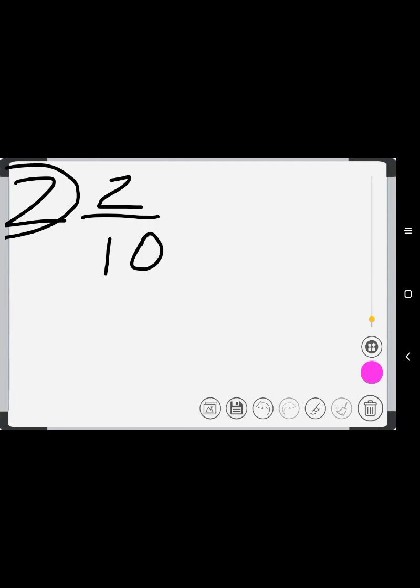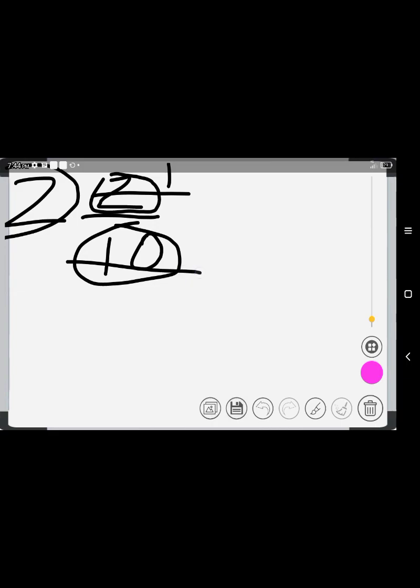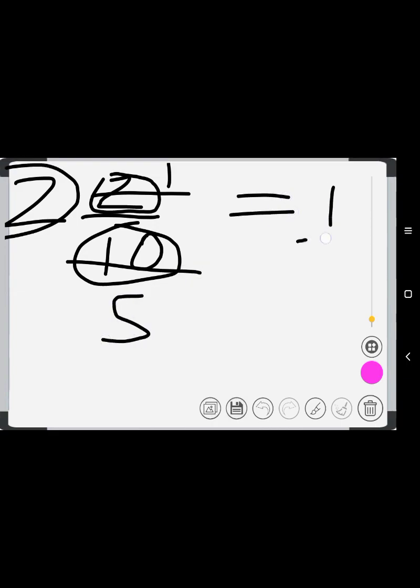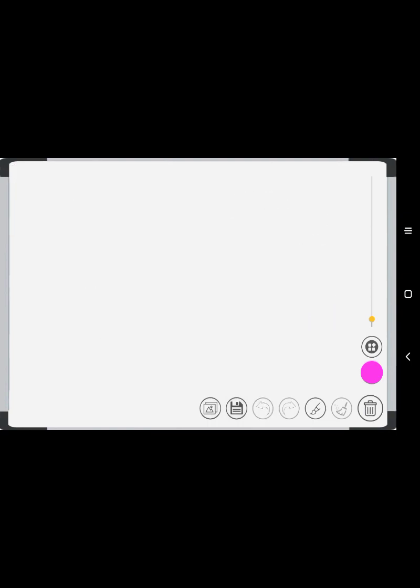First we're going to see how many times 2, that's the numerator, can go into 10. So 2 times what gives you 10? As I know in my head, 2 times 5 gives 10, so 2 can go into itself. 2 into 2 goes 1 time, 2 into 10 goes 5 times, so that will be equal to 1 out of 5. Now let's do another example.